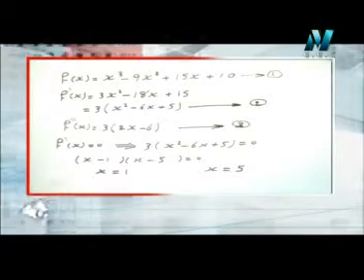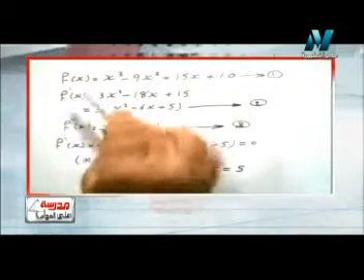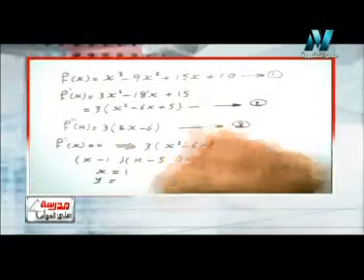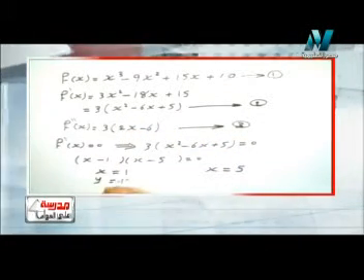Now, to find y at x equals 1: 1 plus 15 is 16, plus 10 is 26, minus 9 it is 17.